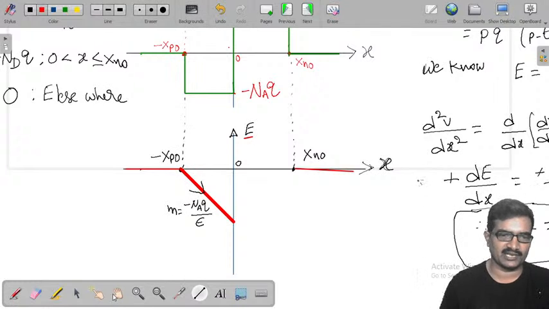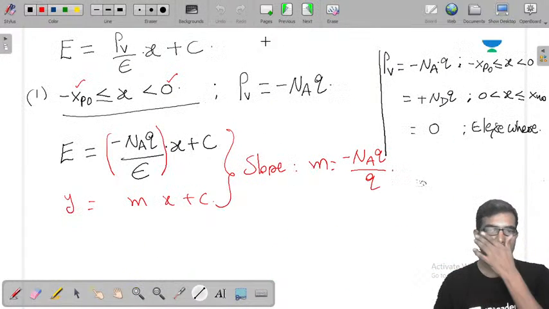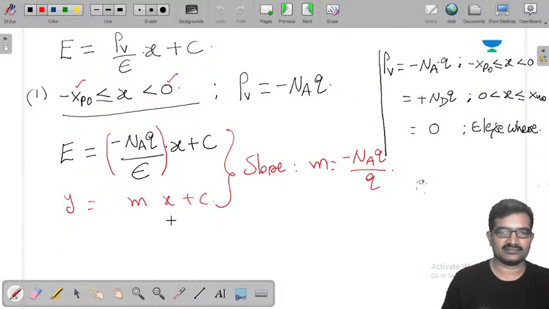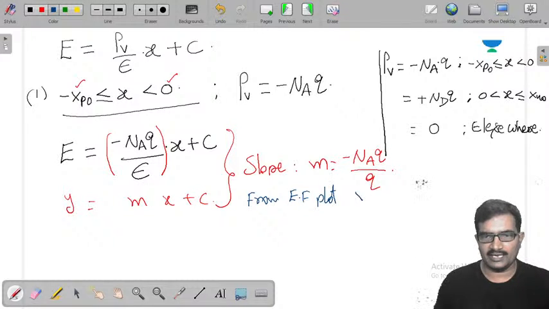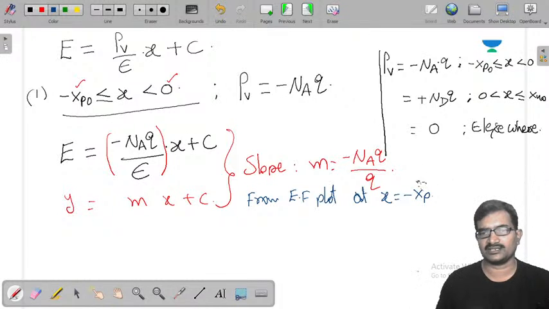That is the boundary condition I am going to use to calculate the value of C. So from the electric field plot, at x equals minus xp naught, electric field intensity E equals 0.